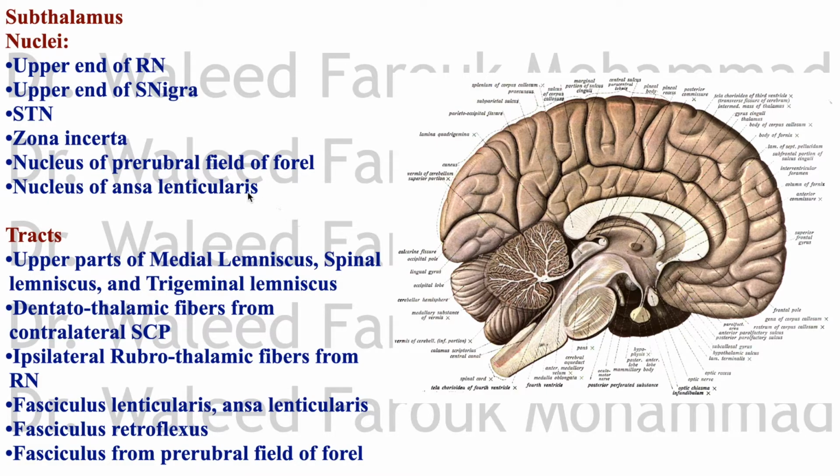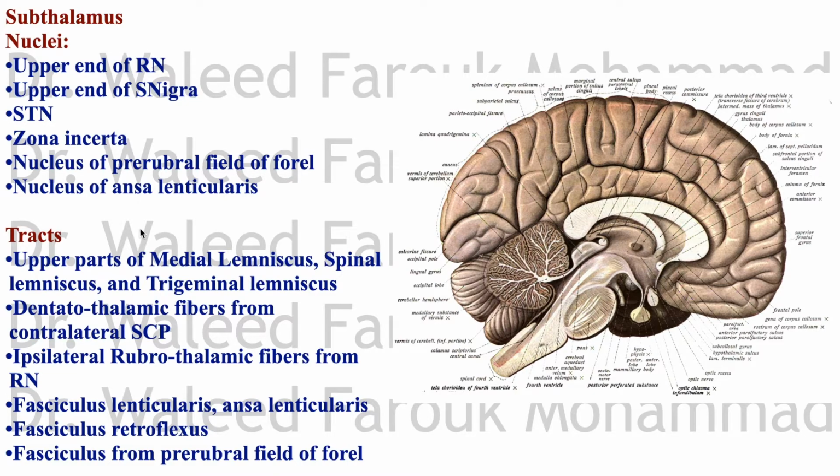Prerubral means around, anterior or superior to, the red nucleus of the midbrain. Then the nucleus of ansa lenticularis, which connects the lentiform nucleus and the thalamus, and curves around the anterior edge of the internal capsule. That's why it's called ansa.